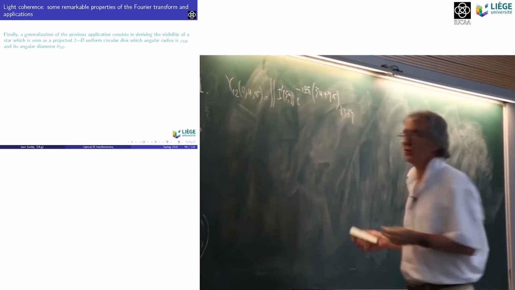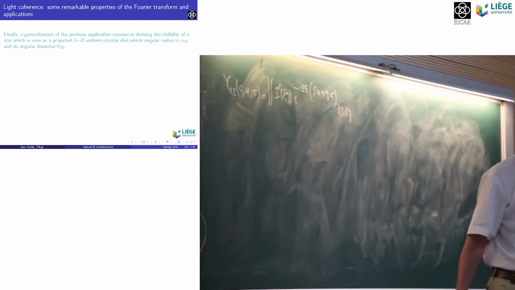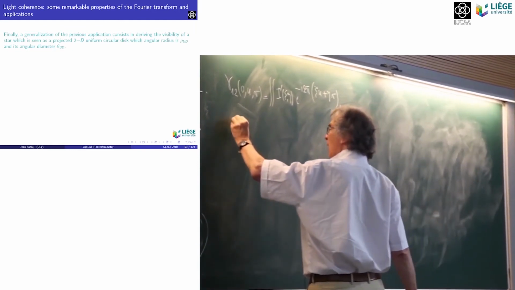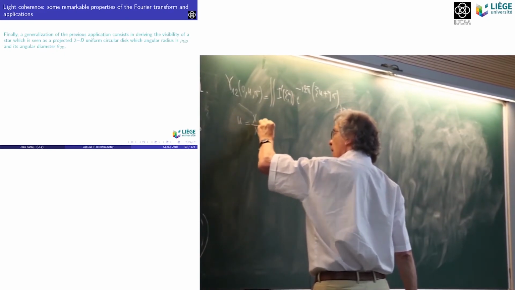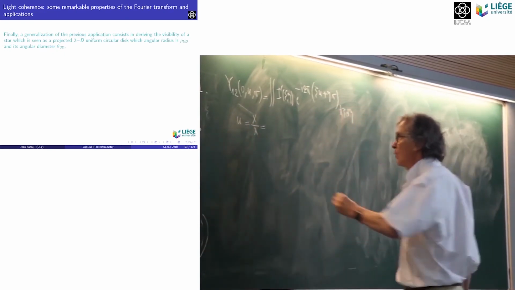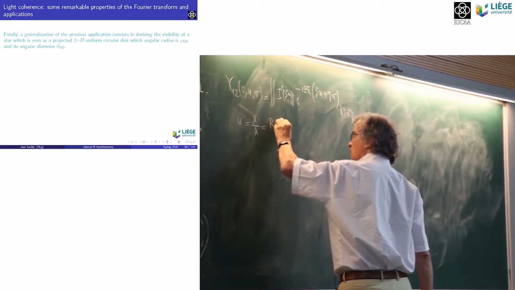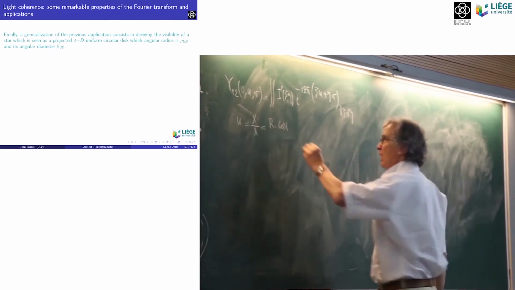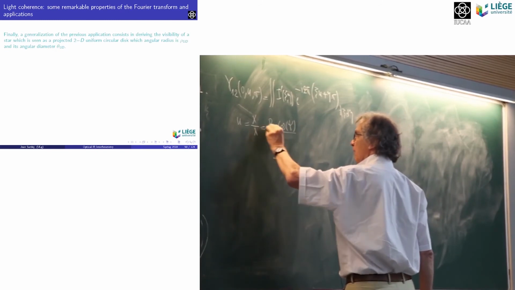Now, how to do it? Because of the circular symmetry, it's good to use polar coordinates. So first of all, I define u, which is equal to x over lambda, as being equal to r times cosine psi divided by lambda.